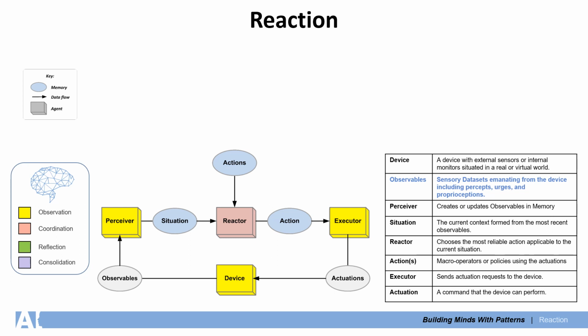The device sends observables, which are sensory data sets emanating from the device. The dataset may contain percepts, features, or urges, and drives, which are homeostatic deltas, as well as proprioceptions, which are confirmations that an actuation request was performed.